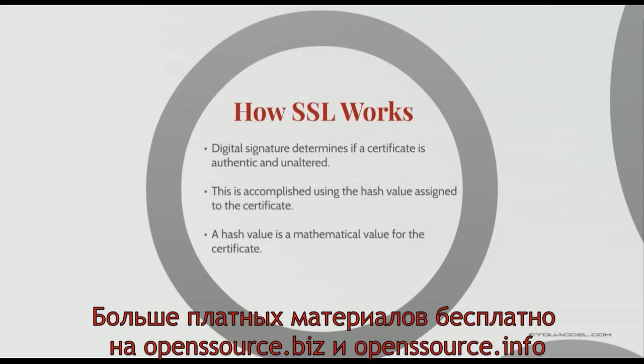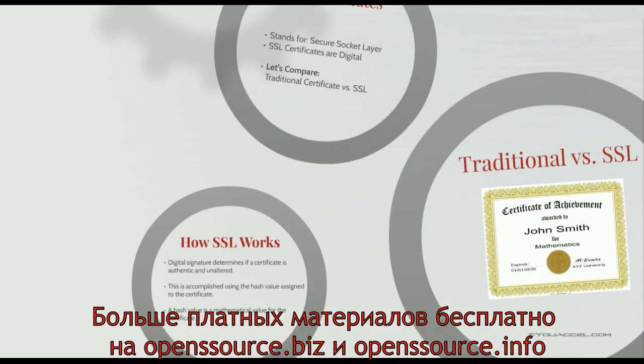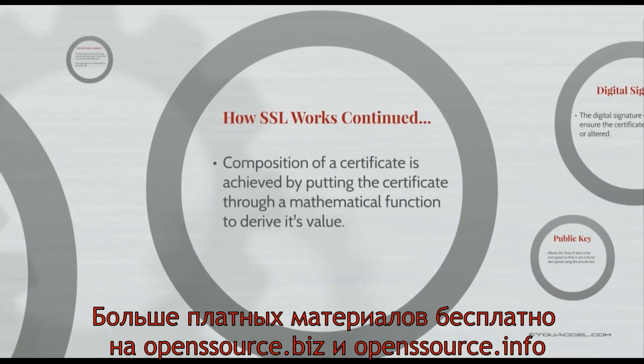You can think of a hash value as a mathematical value for the certificate. The composition of a certificate is achieved by putting the certificate through a mathematical function to derive its value. To simplify this explanation, think of it as adding each byte in the certificate to obtain a value.